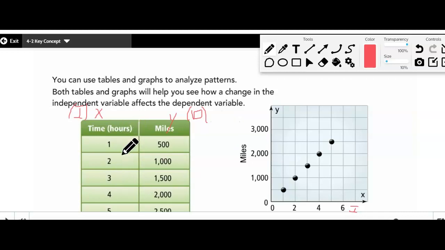And then just like we used to graph, the ordered pair here is 1, 500. This is 2, 1,000. And so on. You graph your X first, comma, then Y. Remember, this is your X-axis, this is your Y-axis. So that's how we can use a table and make it into a graph.